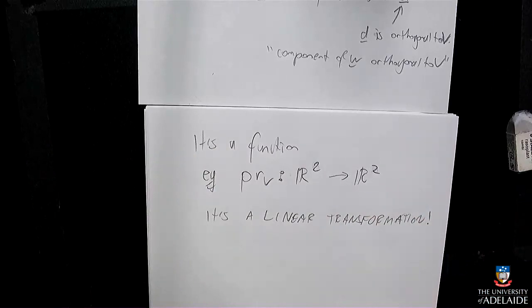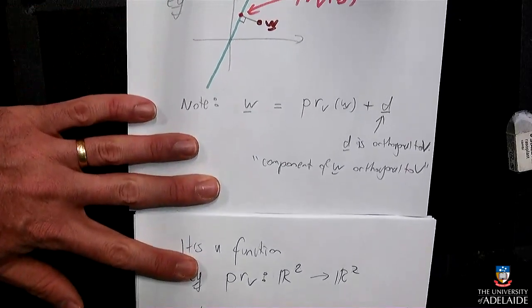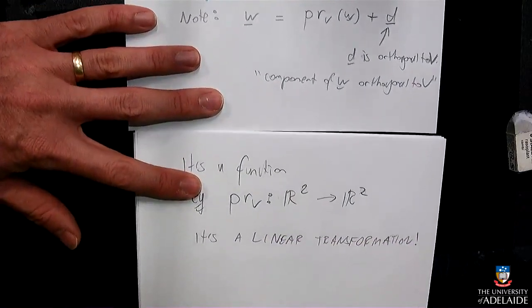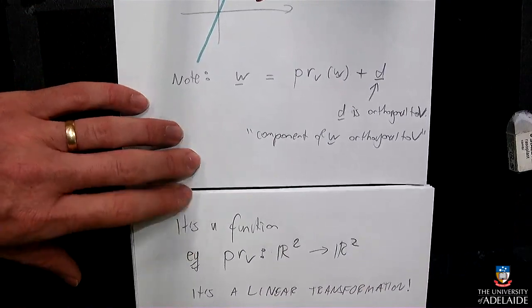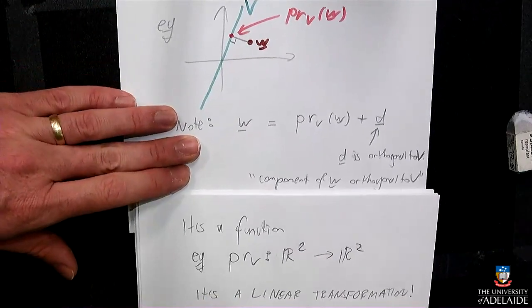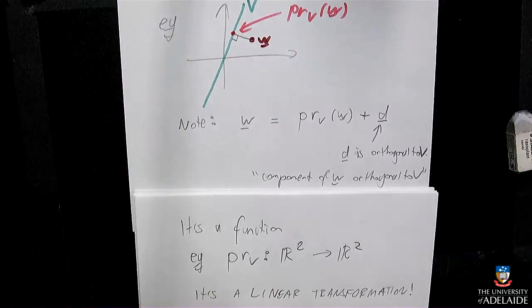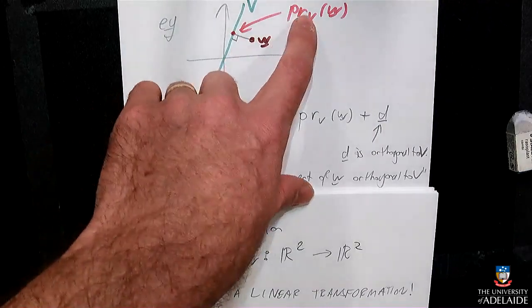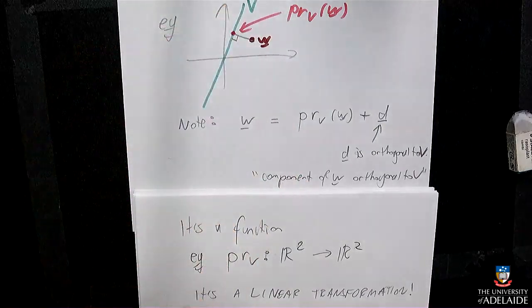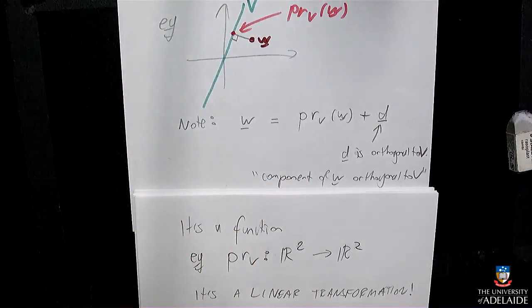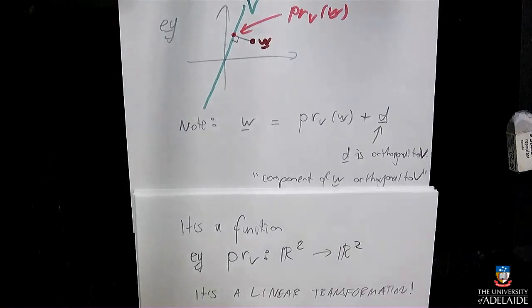It has the property that if I figure out the projection of two different vectors and add the two answers together, it's the same answer as if I added the vectors together first and then did the projection. And if I multiply this vector by 2, then I'll multiply the answer by 2 as well. So it's a linear transformation, and being a linear transformation, it must be possible to write it using a matrix. So I'm getting a bit ahead of myself though.